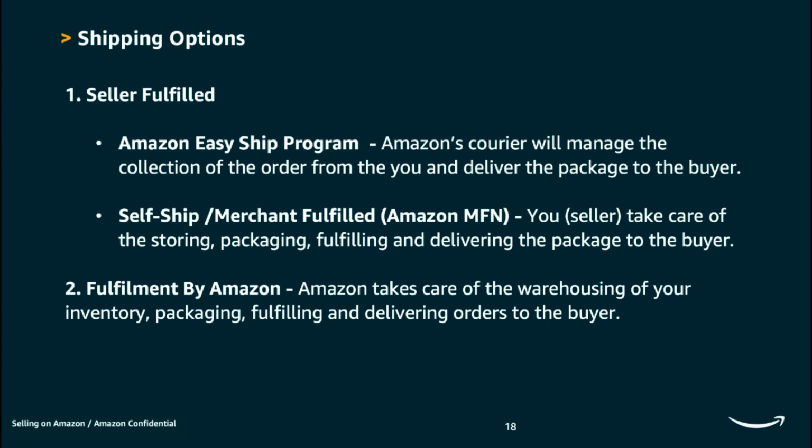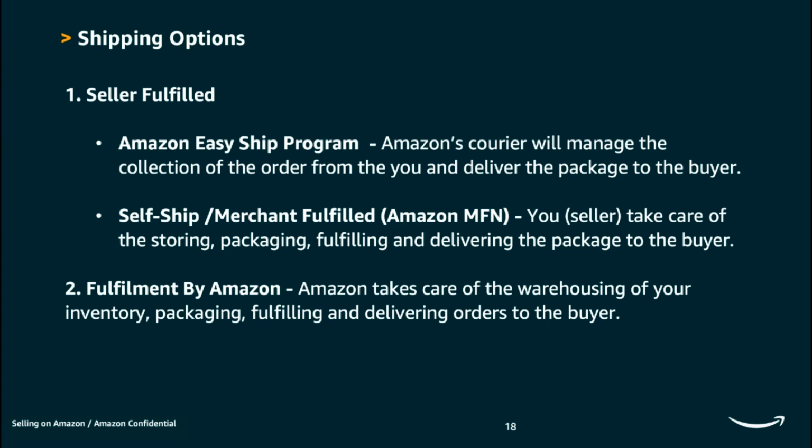For example, if you have a retail shop in Business Bay and you prefer to keep your items at your premises, which can be your store, your home, or your office, every time you receive an order, you take care of the packaging, and our courier will just collect the items from you at your preferred pickup slot. Just make sure that the items are prepared before the pickup date, or just before we pick up the item from you. Currently, the Easy Ship program has a limitation of up to 25 kilos.